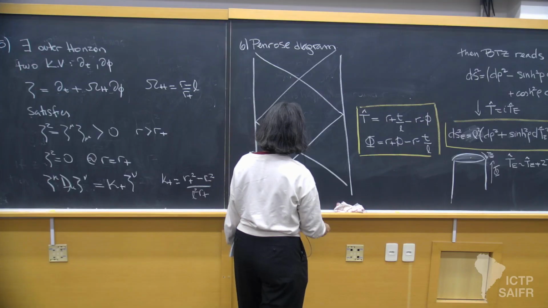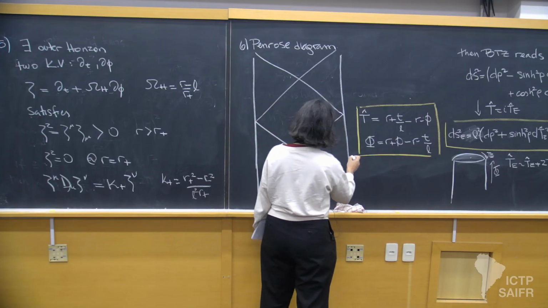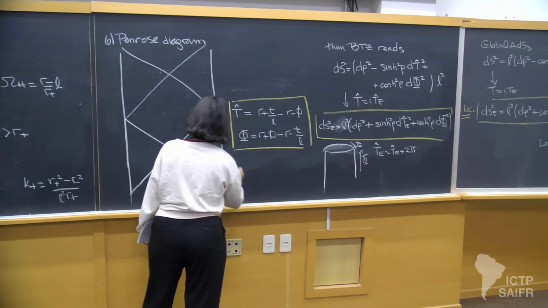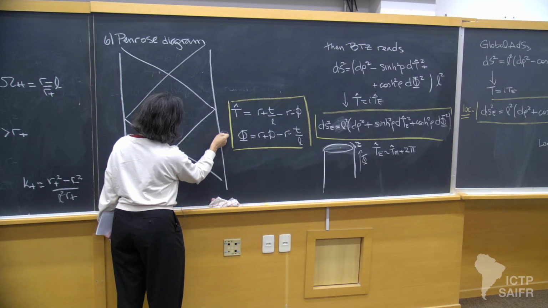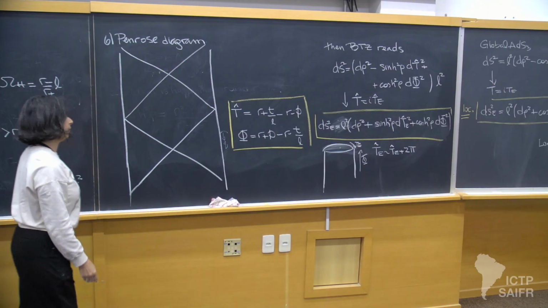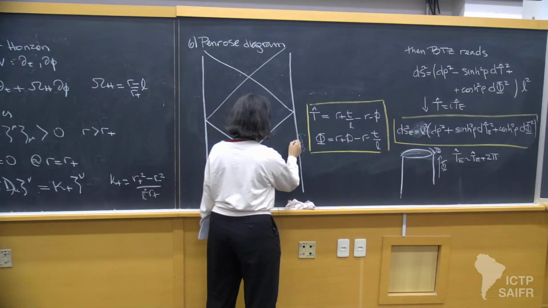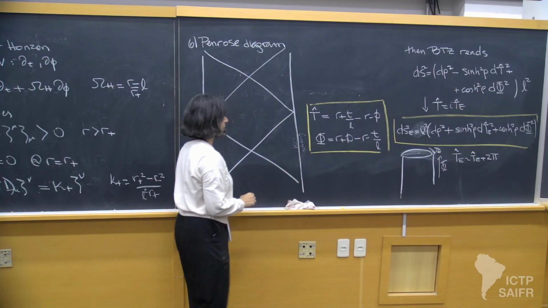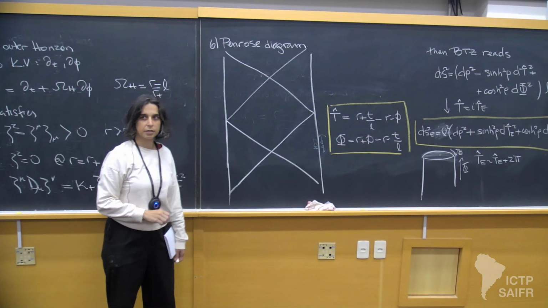In this Penrose diagram, this line here is my boundary where r goes to infinity. Okay, so let's say we started with a geometry out here when I wrote down the metric where I reach infinity.